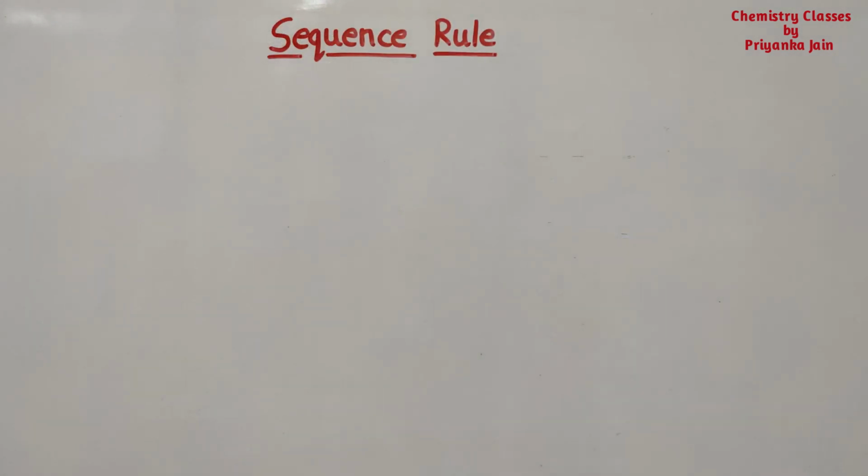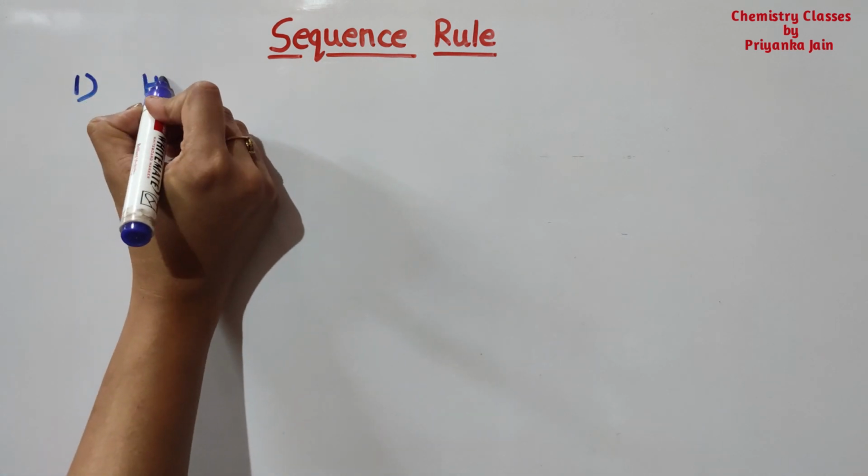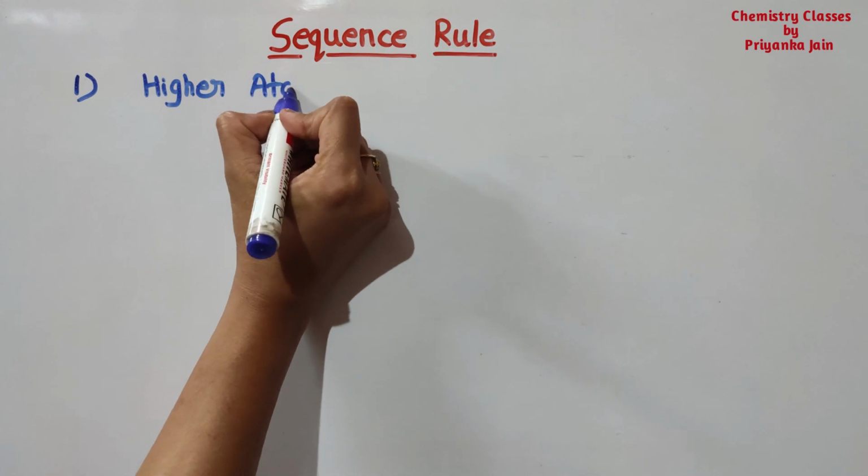Okay, now we have to see the sequence rule. It means how we have to decide what is the priority of the four groups. For this there are some rules that are known as the sequence rule. The first rule is that the higher atomic number is given more priority as compared to lower atomic number.